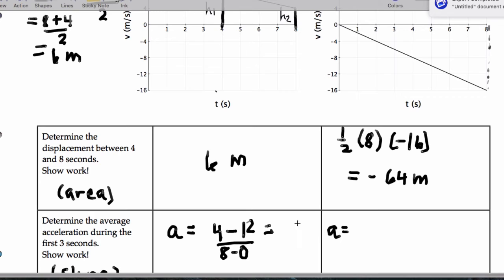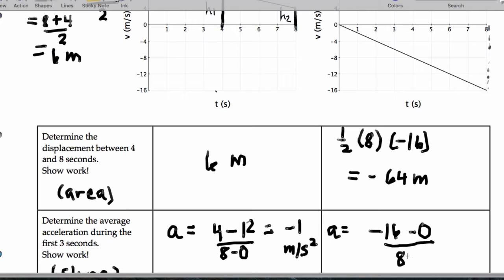So we end up getting -1 meters per second squared for that one. Now for this one here, I end up at -16, having started from 0 meters per second, so -16 meters per second from 0, all over 8 seconds. So this ends up being -2 meters per second squared.